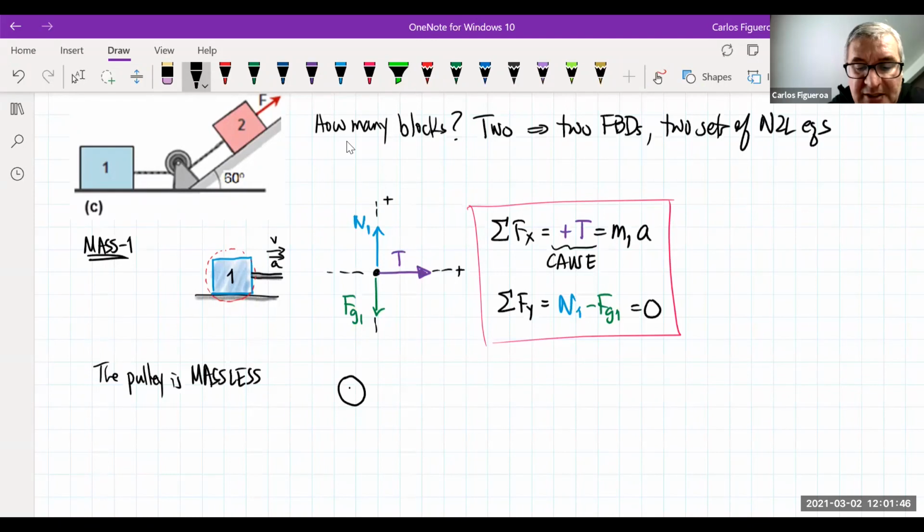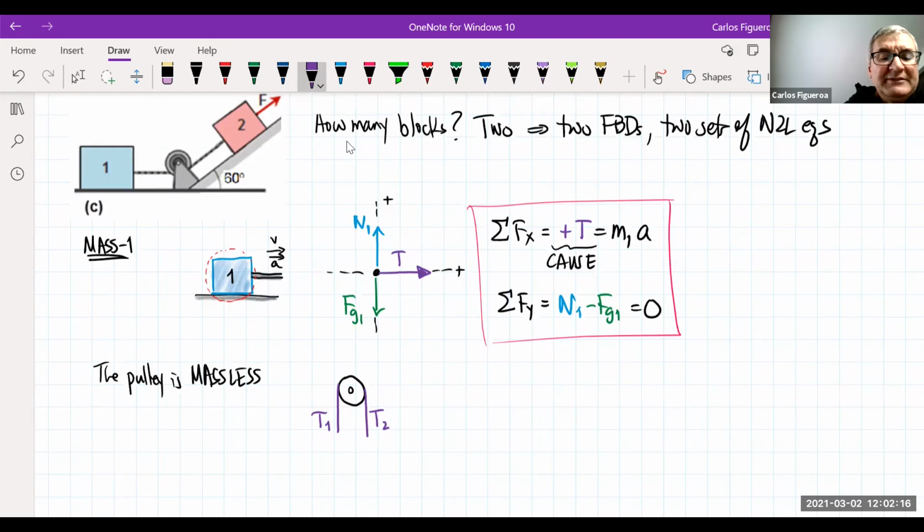Let's say this is my pulley here, and I'm going to draw the same rope on both sides. This is my rope here, and this is my rope there. There are two ropes hanging over the pulley right here. So this is tension 1, this is tension 2.